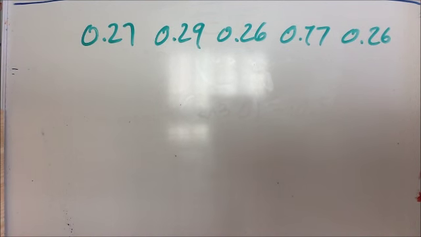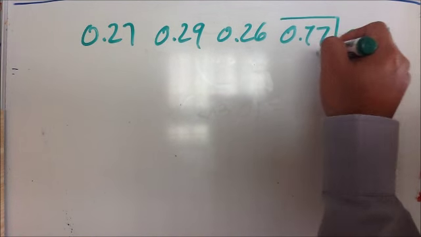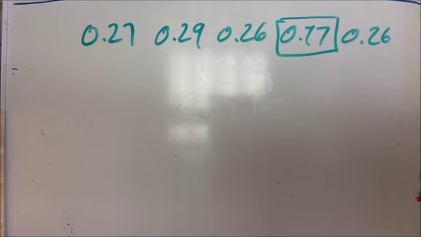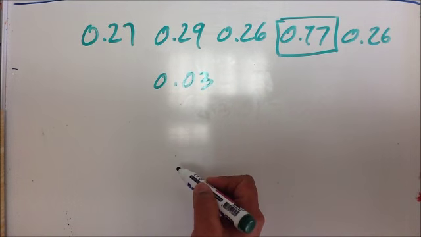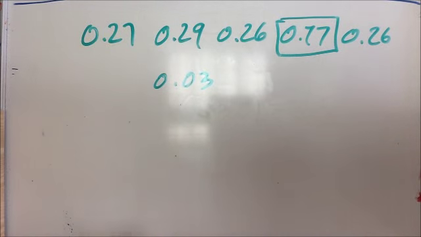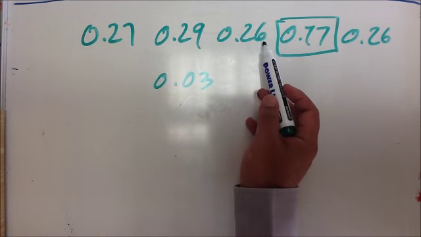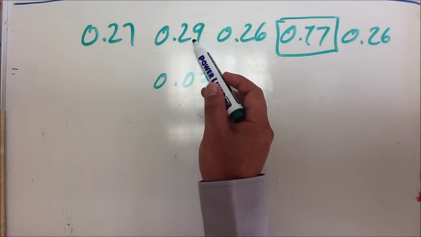In order to get the uncertainty in this, we need to first of all know what our range is. Now, in order to get the range, we need to exclude the anomalous data point there. And so what we'll get is a range of roundabout 0.03. That is the range of the data points there, from 0.26 to 0.29.